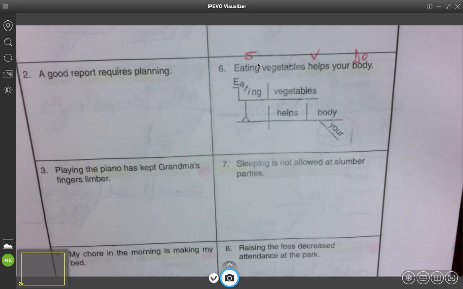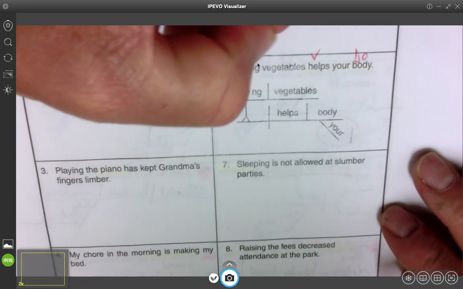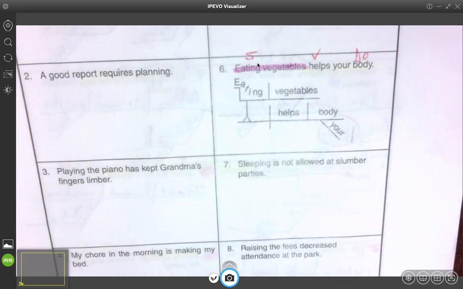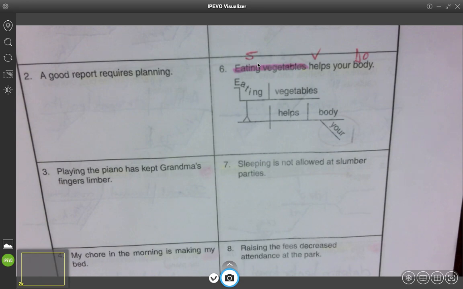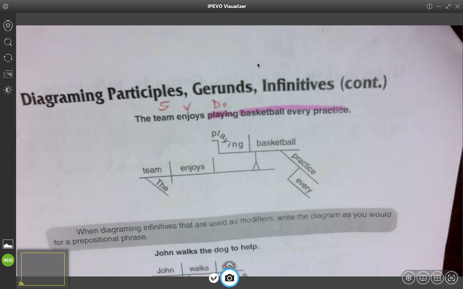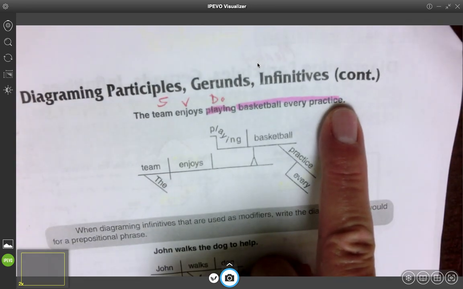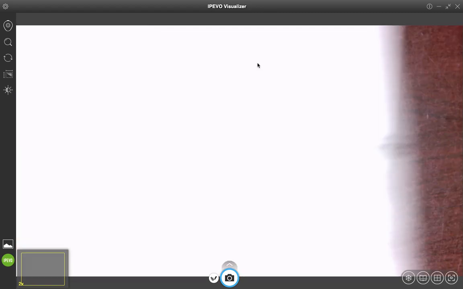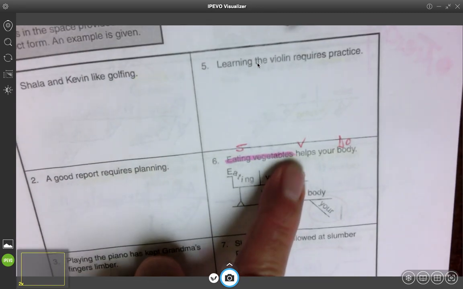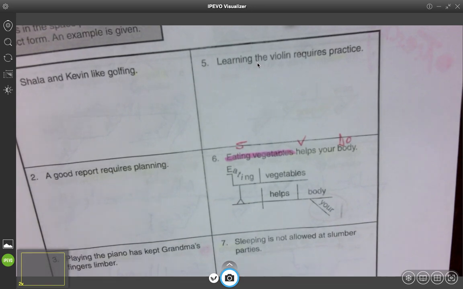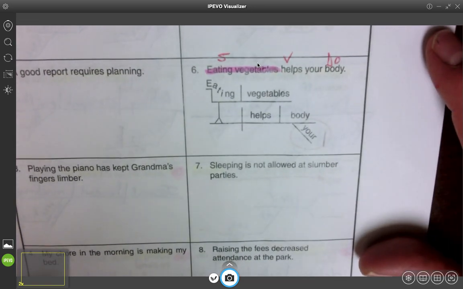How do I know when this phrase ends? It goes until the next part of speech or the end of the sentence. We noticed on the top of the last page, because it was at the end, it went to the end of the sentence. This one goes until I get to the next part of speech, which happens to be the verb.